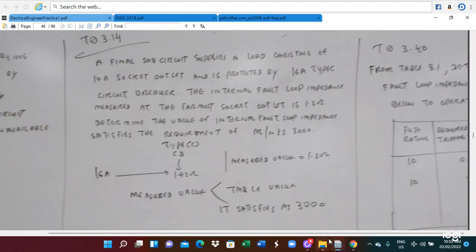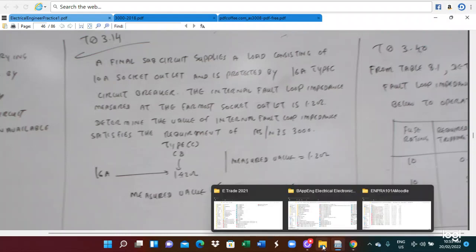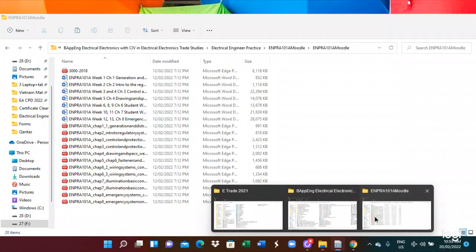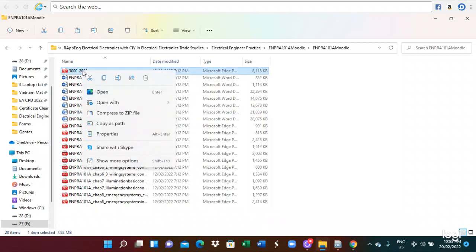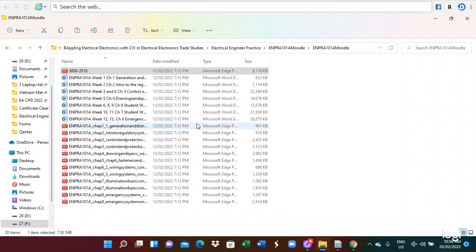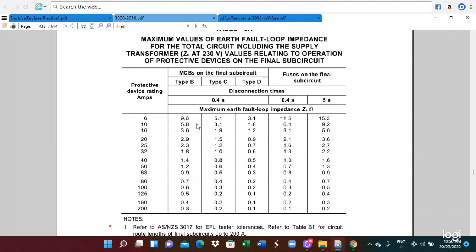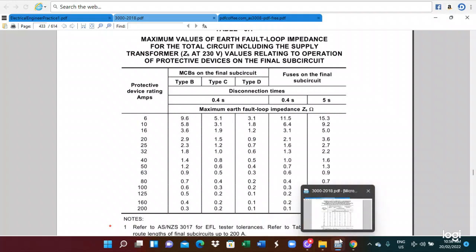So we look at the AS/NZS 3000 rule. For the type C circuit breaker, 16 ampere, the fault loop impedance must be 1/9 ohm.